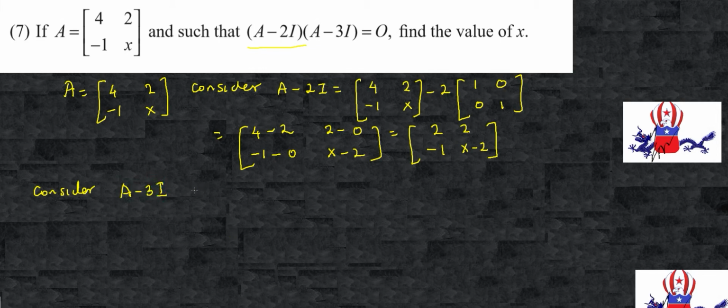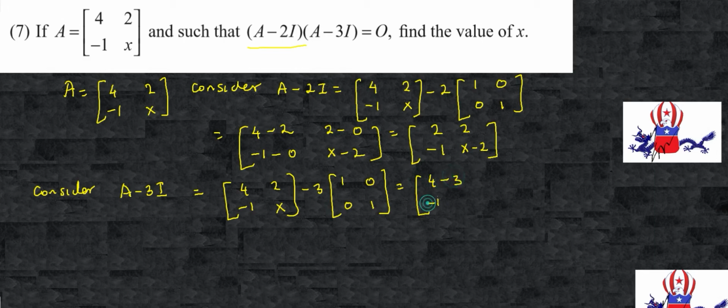So this is going to be [[4, 2], [-1, x]] minus 3 times the identity matrix [[1, 0], [0, 1]]. Simplifying this would give us 4 - 3, 2 - 0, -1 - 0 and x - 3, which can be rewritten as [[1, 2], [-1, x - 3]].